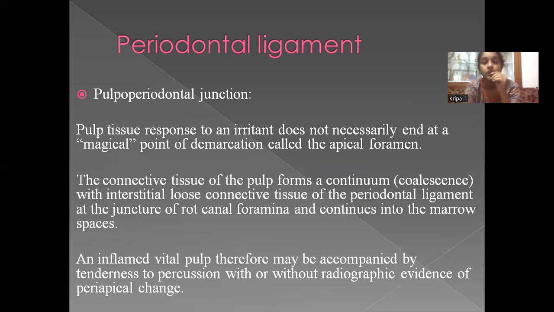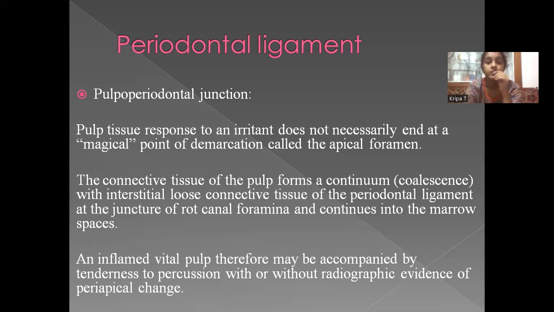Pulpoperiodontal junction. Pulpal tissue response to an irritant does not end at this demarcation point called the apical foramen. The connective tissue of the pulp forms a continuum with the interstitial loose connective tissue of the PDL at this junction, which can again continue to the marrow space.